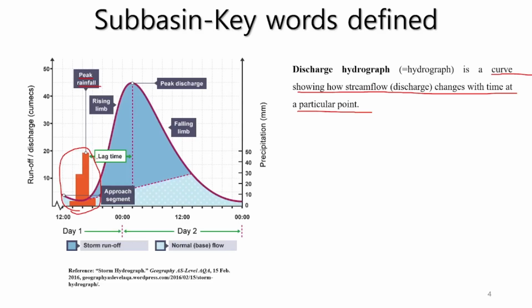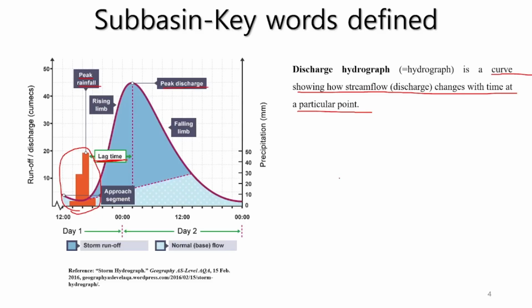After a certain period of time, the influence of this peak rainfall shows. We call that time the lag time. After the peak rainfall and after a lag time passes by, we have a peak discharge in the stream flow.